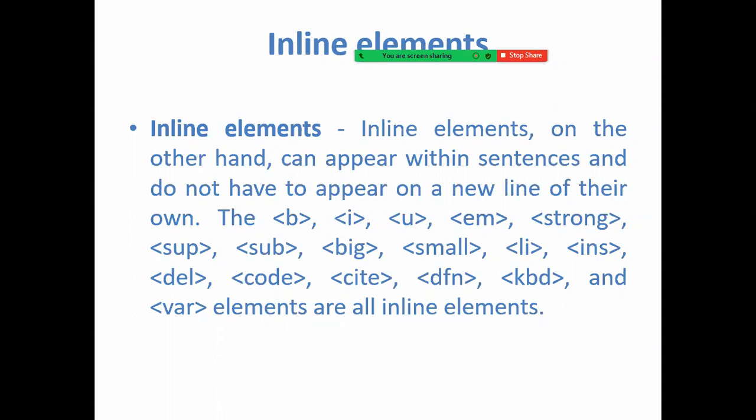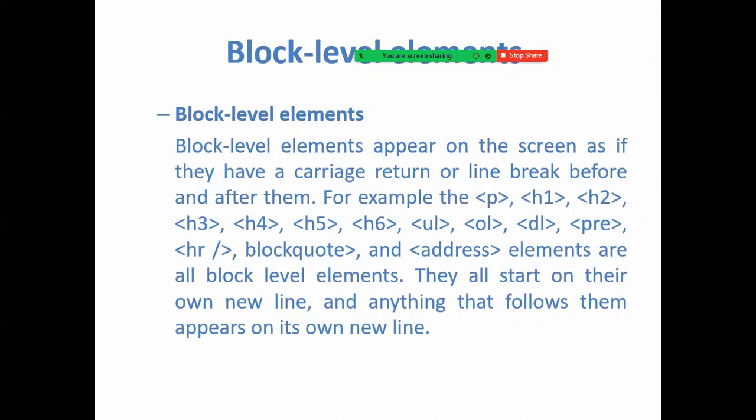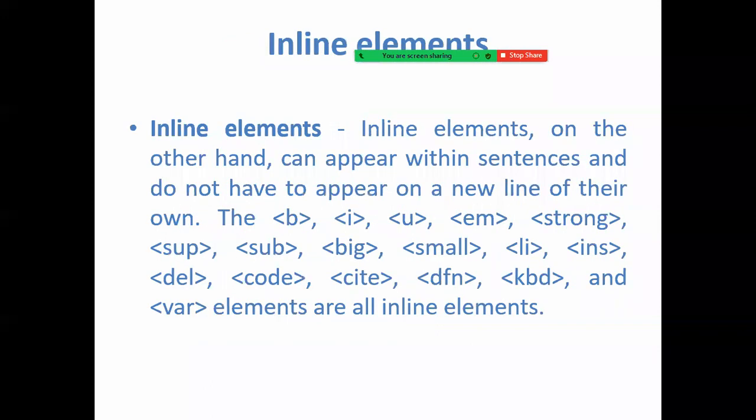They do not require a new line for them to start, or independent beginning is not required, whereas the block level elements require the new line independent. They should have a carriage return or a break before and after. Independently they are used. So you need to remember which are those.